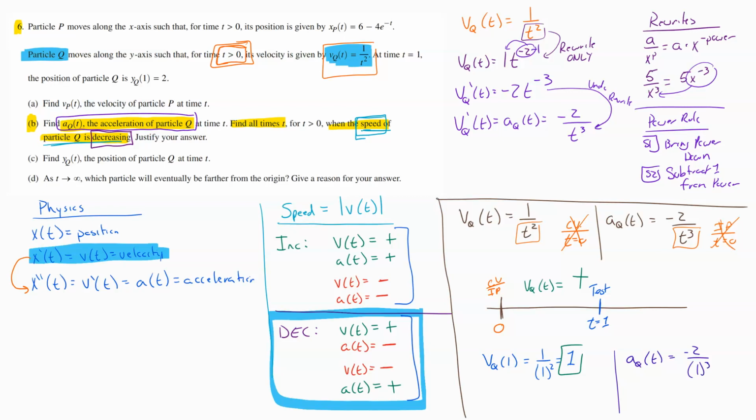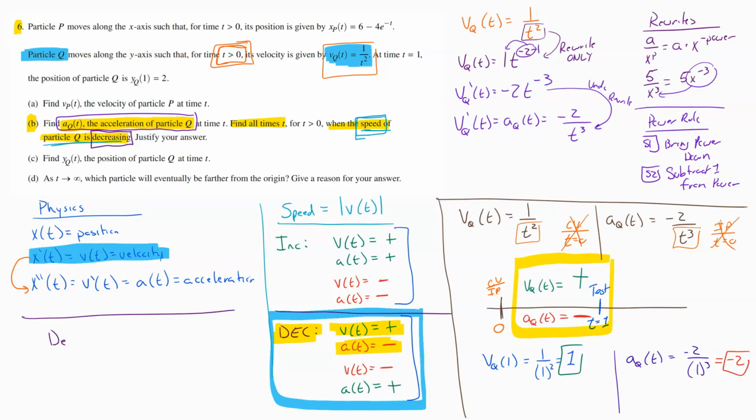And so out of there I'm going to end up with a negative 2. And because it doesn't change, I know that my acceleration on the bottom here is always negative. And so what we can see now is that because it doesn't change, and because these are now opposite, I've got a positive velocity and a negative acceleration always, I know that this thing is always decreasing across this entire interval. So the final answer on this would be that the speed is decreasing.